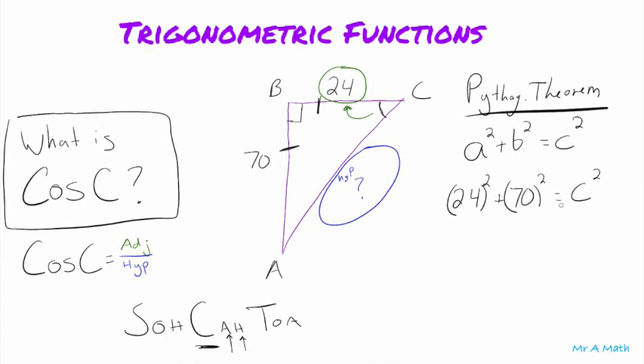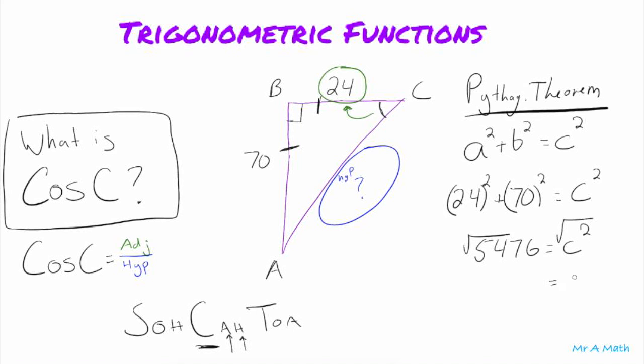If you do 24 squared plus 70 squared, you get 5,476, and that's still equal to c squared. Now we have something squared equal to a number, and how we undo that squared operation is by taking the square root of both sides.